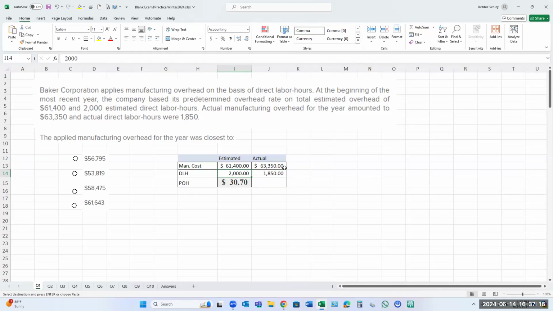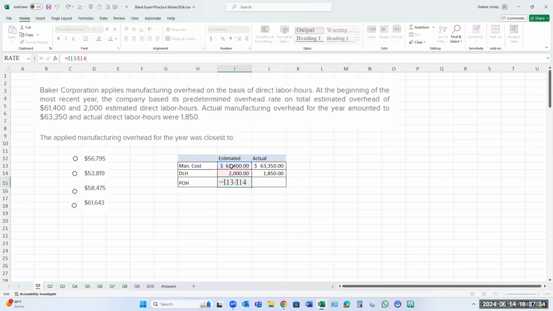Actual manufacturing overhead for the year amounted to 63,350 and actual direct labor hours were 1,850. So if you'll recall, the predetermined overhead rate is figured out with estimated numbers.